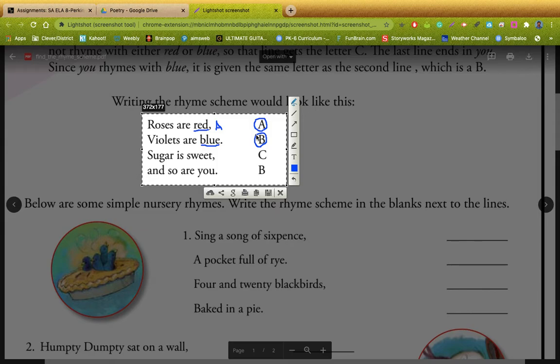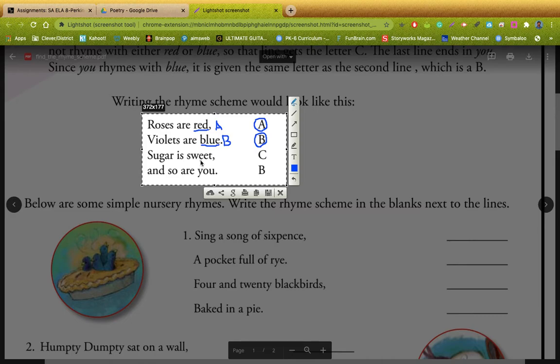Well, let's go back to the first line. The last word is red. Does blue rhyme with red? Nope. So that's why this line becomes B, because it doesn't rhyme with the A line. So we've got to give it a different letter. So we'll give it the next letter in the alphabet, which is B. Okay, so let's move on.